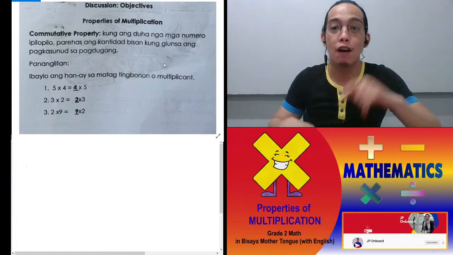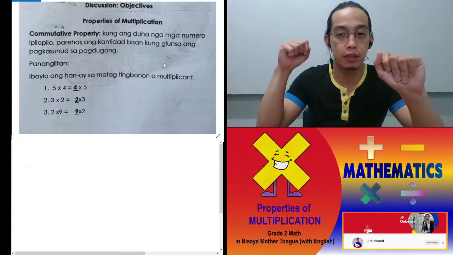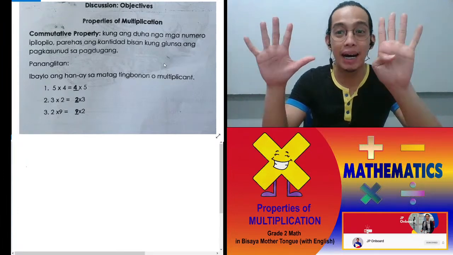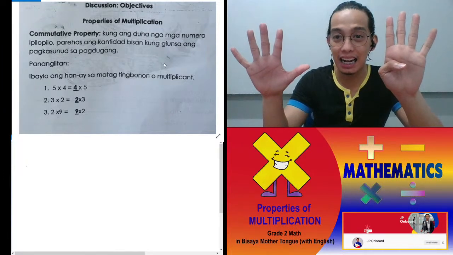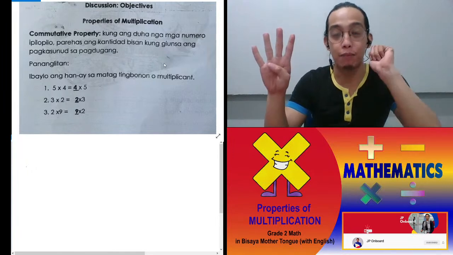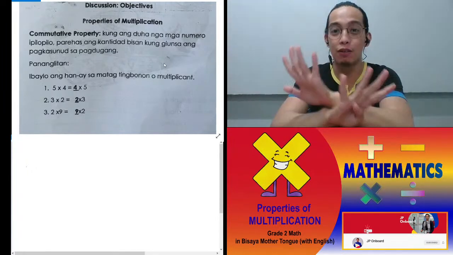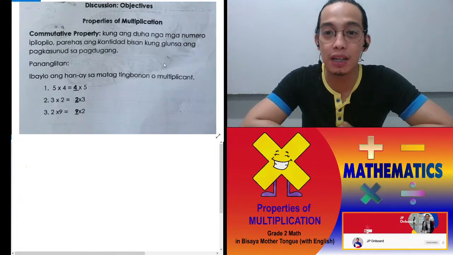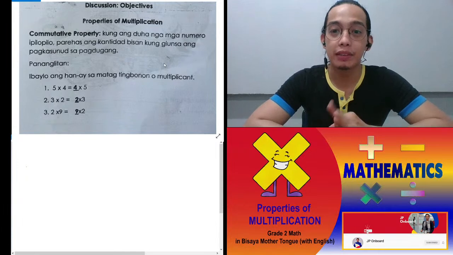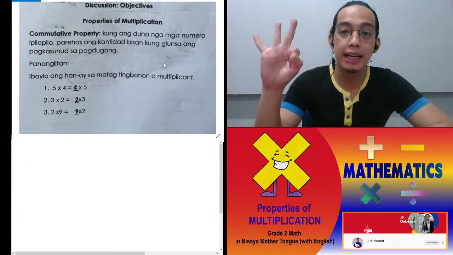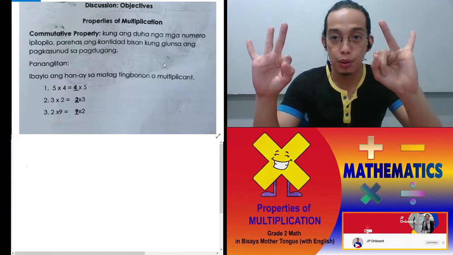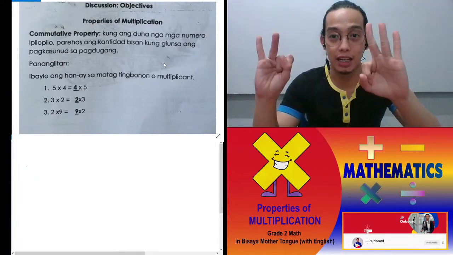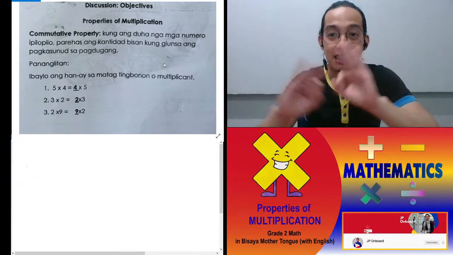Again, you have 5 and 4. 5 times 4, pareho ra na siya sa 4 times 5. Okay? Balihon silang duwa, pareho ra ang answer. Similarly, 3 times 2, pareho ra na siya sa 2 times 3. Pareho na silang answer.